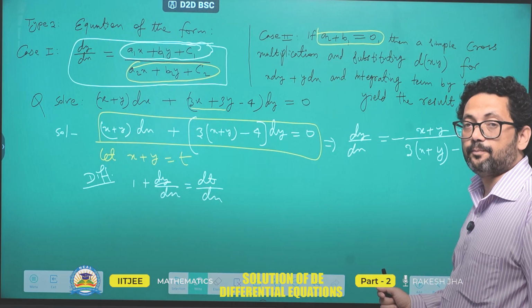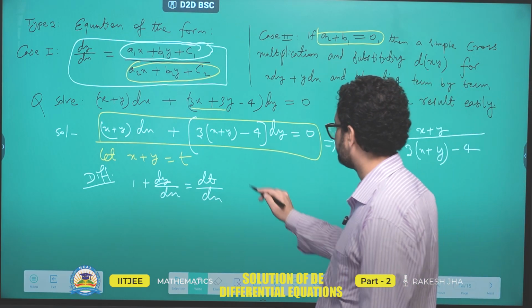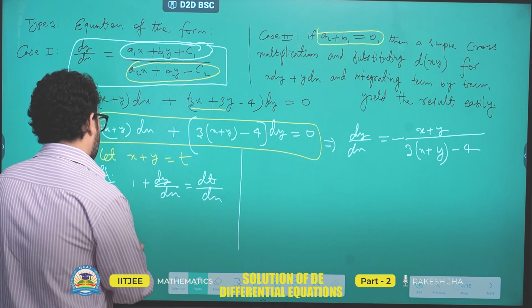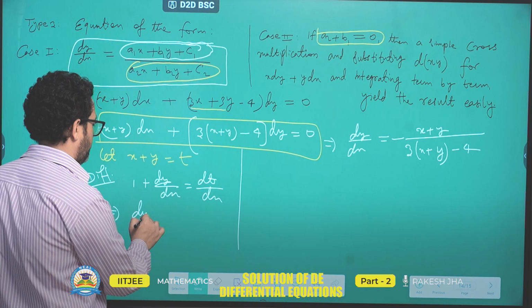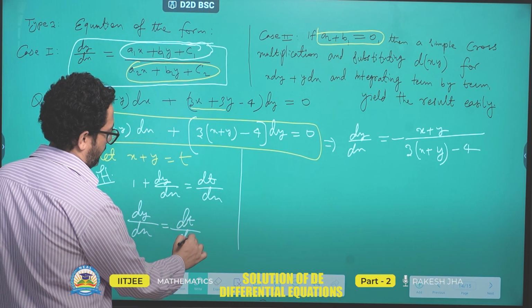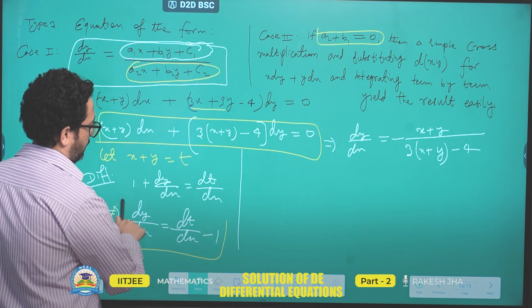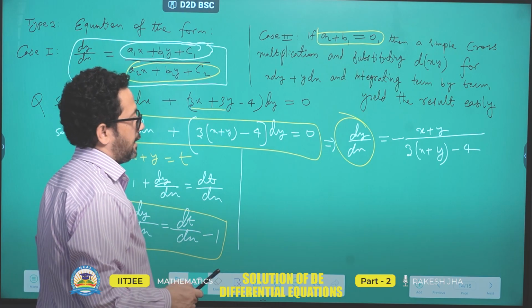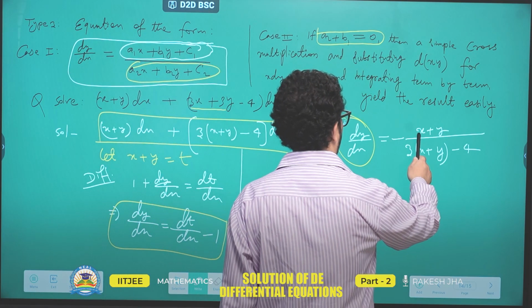So in the next step we have to simply substitute the value of dy by dx. So dy by dx from here we can write is dt upon dx minus 1. So this result we are putting here in place of dy by dx, and wherever x plus y is there we will put t.